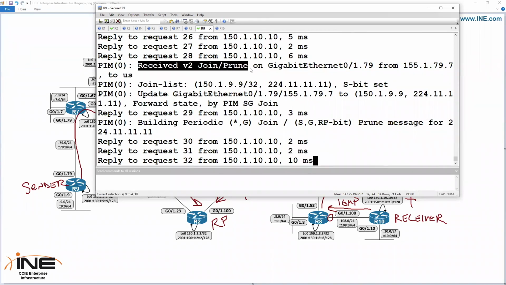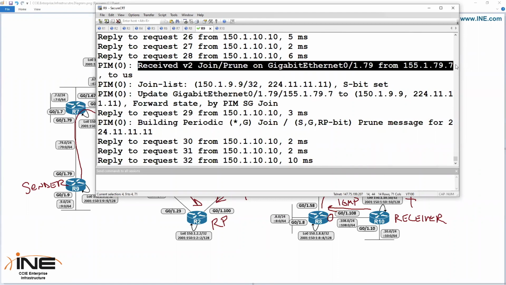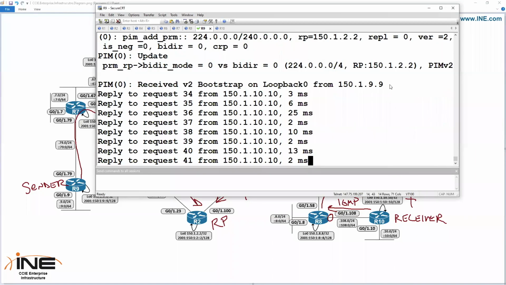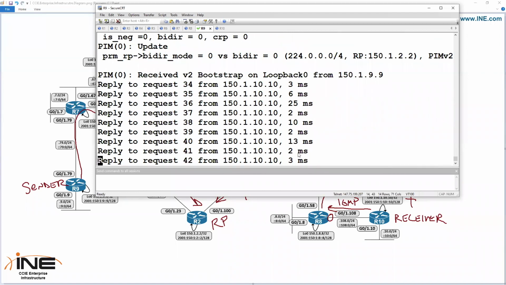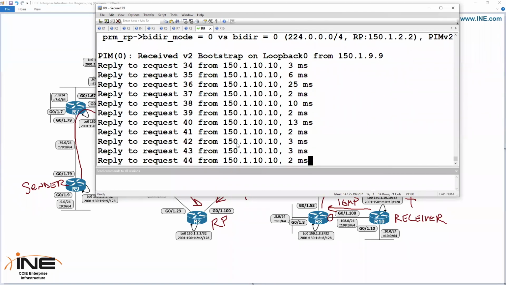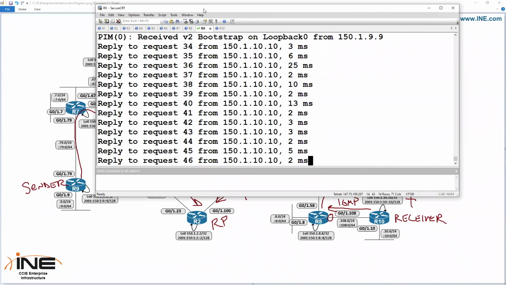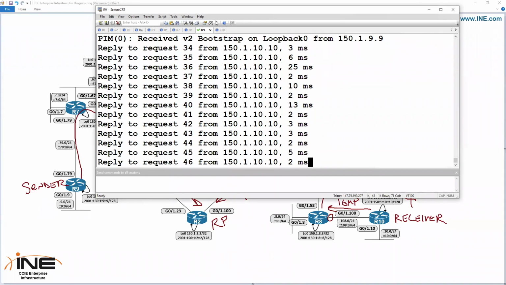Okay, we received join prune from router 7 for this S,G entry. Okay, the S bit is set, which is the shortest path tree bit set, which means that the data plane might not actually be going through the rendezvous point. It depends on what our forward route is towards the receiver.